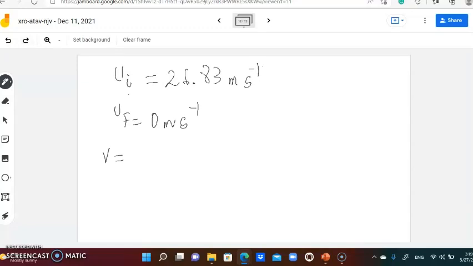We can't use this formula as we don't have anything with respect to time, but I know that final velocity squared is equal to initial velocity squared plus 2 times acceleration times displacement. Right? So I can transpose this to, of course, find what my acceleration would be.